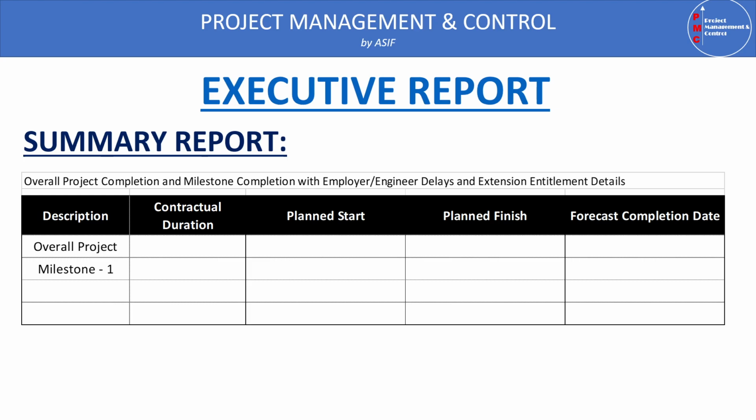Here you have to make a table which gives the description, for example, overall project completion, overall project contractual duration, planned or contractual start and finish, and forecast date for completion. Similarly, if you have intermediate milestones which have liquidated damages and you need an extension for them also, you have to specifically mention all of them here along with their forecast completion, in the summary report.